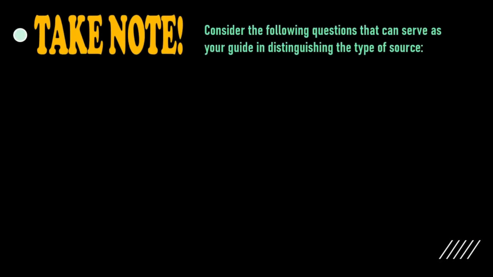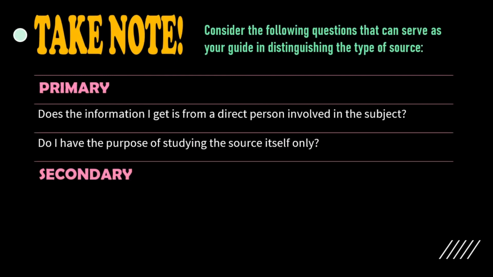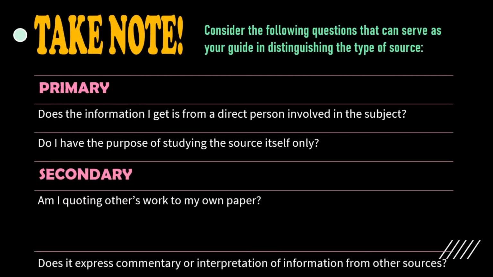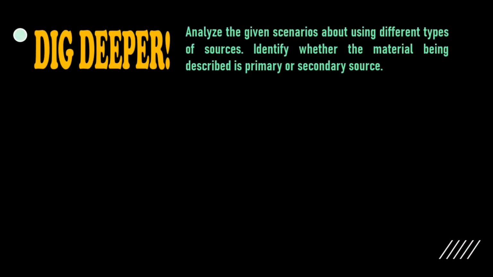Take note. Consider the following questions that can serve as your guide in distinguishing the type of source. When it is a primary source, you have to ask this question. Alright. Please check them out. Next, let's dig deeper. I want you to analyze the given scenarios about using different types of sources.